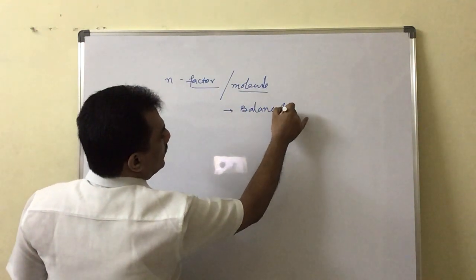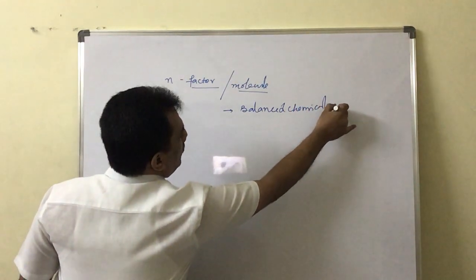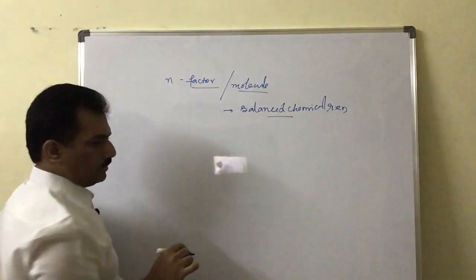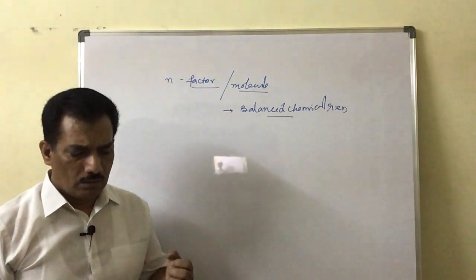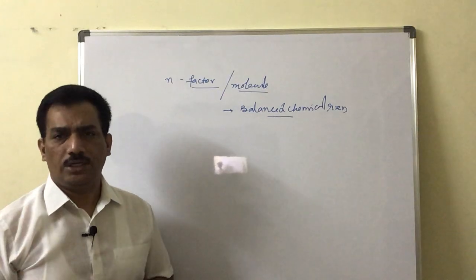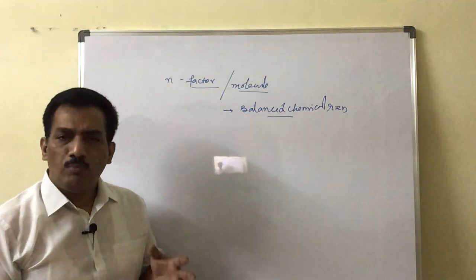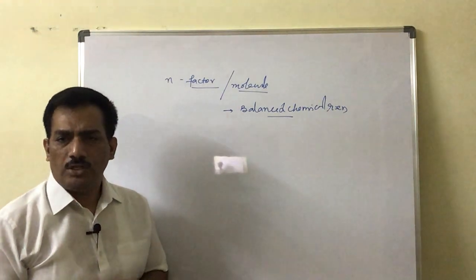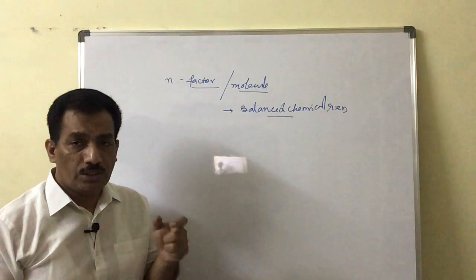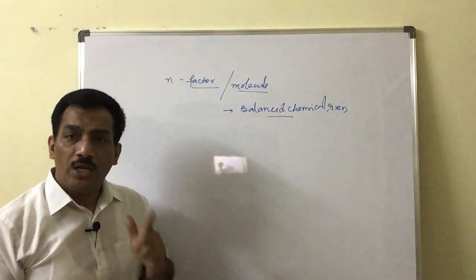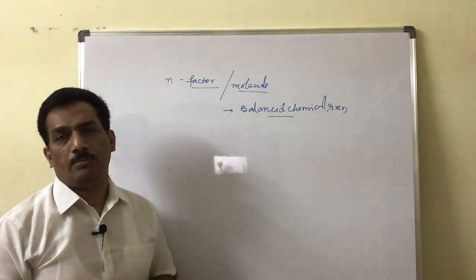In the balanced chemical reaction, the number of molecules involved in the oxidation state change may be more than 1, but the total oxidation state change divided by the number of molecules will provide the change in oxidation state per molecule.